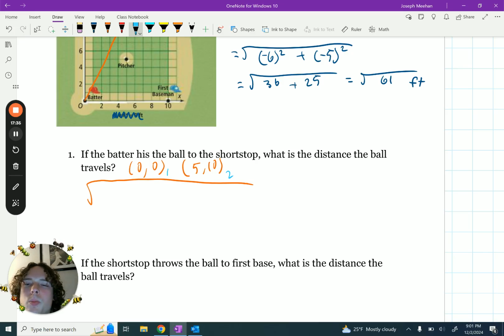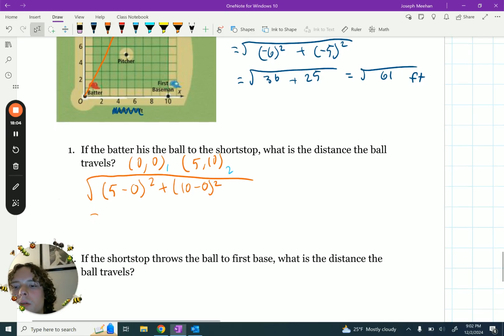Again, it doesn't matter which point's point 1 and which one's point 2 as long as you're consistent with it throughout the problem. Just like with the midpoint formula, it's just that you have to be consistent with it throughout the whole entire problem, okay? So we're going to do x2 minus x1, so 5 minus 0 squared, plus y2 minus y1, 10 minus 0 squared.